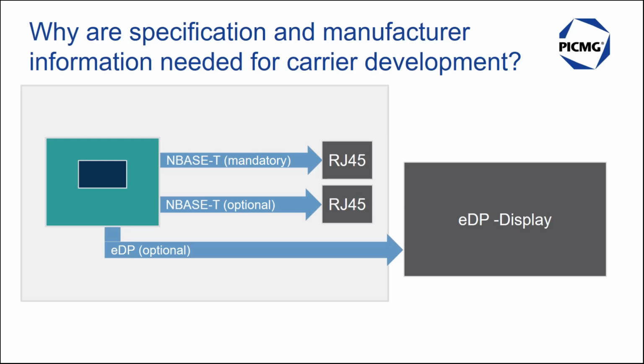However, two can also be implemented. In the case of embedded DisplayPort, it is a module manufacturer's decision whether to support embedded DisplayPort on his module or not. So this feature is optional. Information about which functions are supported by the different modules can usually be found in the manuals of the module manufacturers.